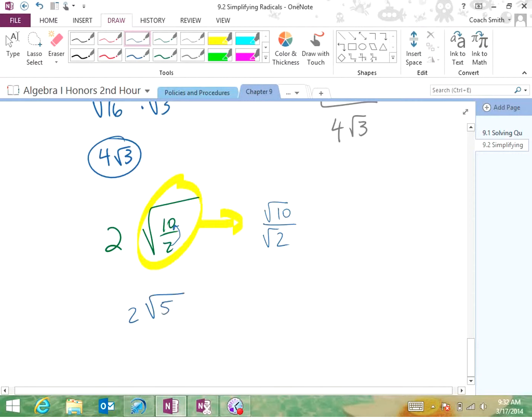Okay, in the future, it won't be that easy. In the future, you'll have something like 10 over 3. Okay, and there's a rule for it, and it's really not that hard. It's fairly simplistic, but I don't think they give you any of those.